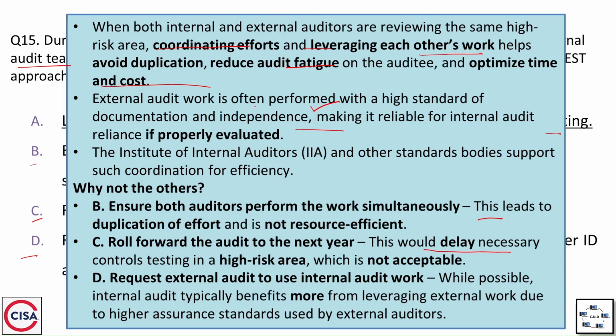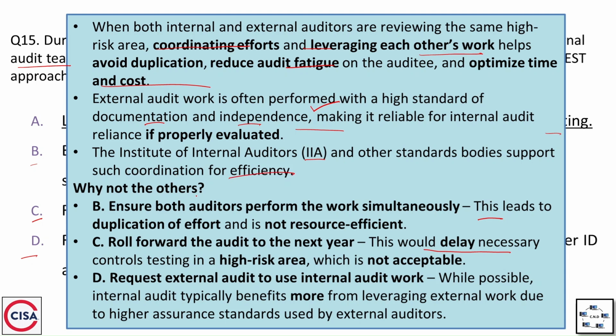External audit work is often performed with a high standard of documentation and independence, making it reliable for internal audit reliance if properly evaluated. The Institute of Internal Auditors, that is IIA, and other standards bodies support such coordination for efficiency.